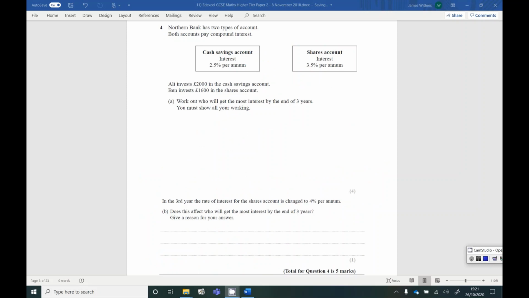Question 4, part A. So Ali invests £2,000 in the cash savings account, compound interest, 3 years. So let's take Ali's £2,000. Because the interest rate was 2.5%, the multiplier is going to be 1.025. It was invested for 3 years, so that's to the power of 3.